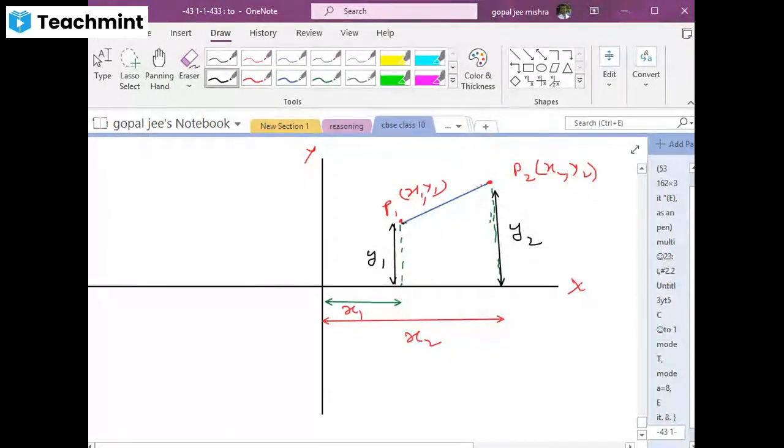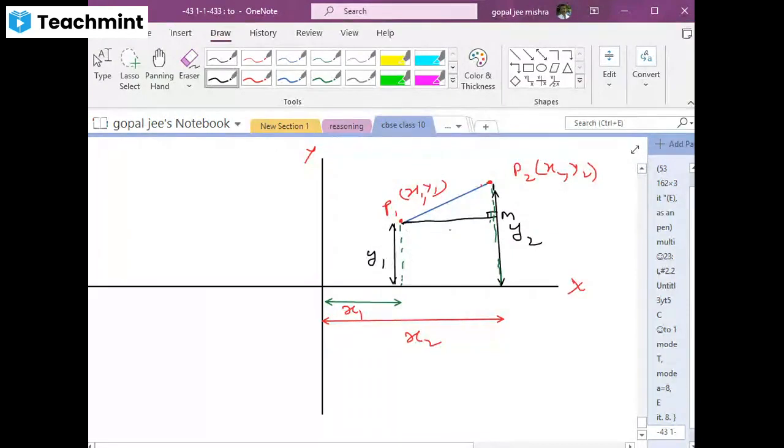Just I will draw a perpendicular line from here to here. That is perpendicular. Now see here, beta. You are observing a right angle triangle here. Let me name this point as M. So you are observing P2, P1 and M as a right angle triangle, in which if I term this as base, what do I get?